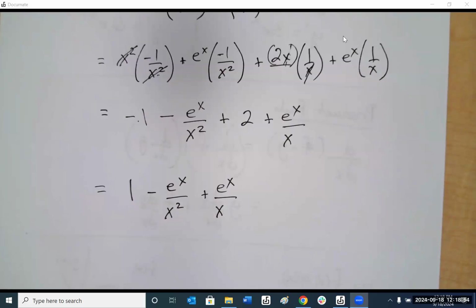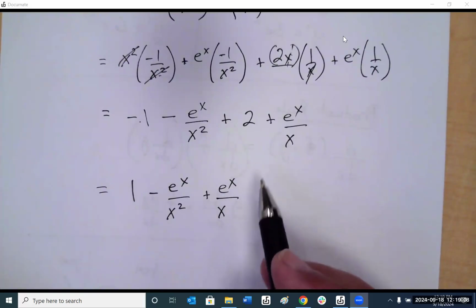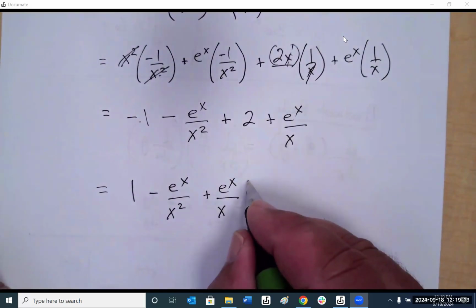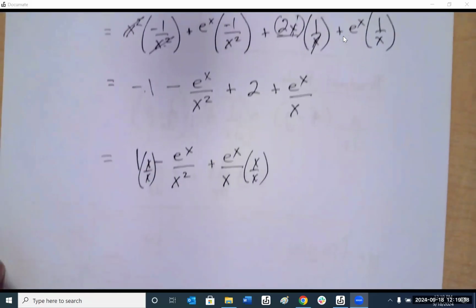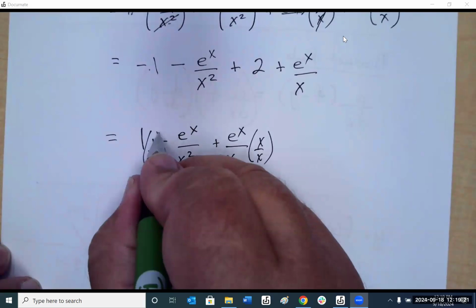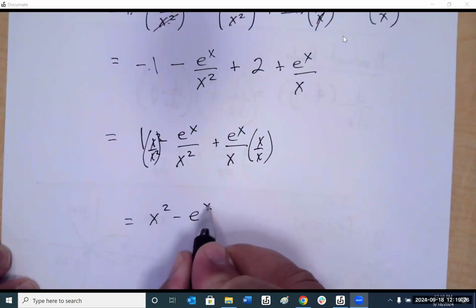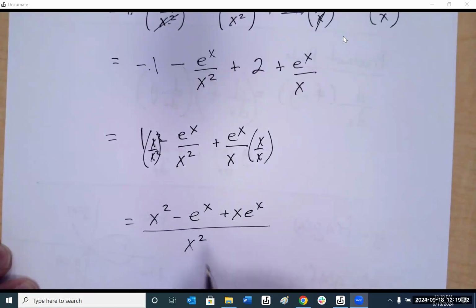What's that? Where's 1/x? Negative. Yeah. We now multiply by x/x, all of them. Get a common denominator. So x/x, x/x. Oh no, this one has to be x²/x². So it gives us x² minus e to the x plus x e to the x all over x².